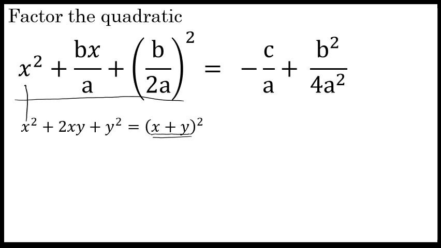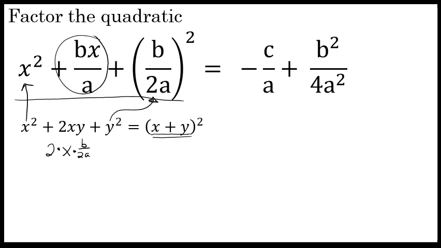Here, the first term is x squared, and the last term in the quadratic is not y squared, but it's b over 2a squared. Let's verify that this middle term, bx over a, is 2 times x times not y, but b over 2a.